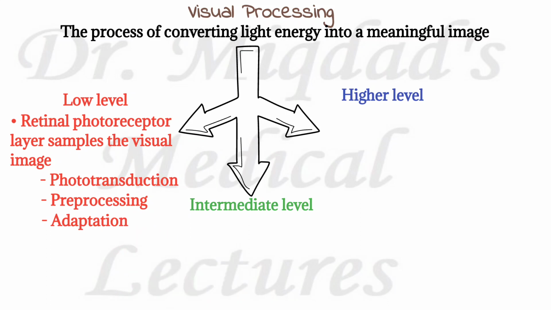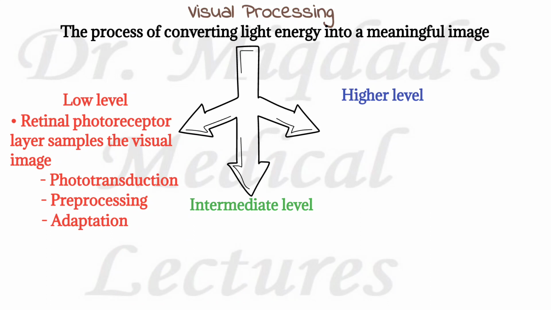Phototransduction is a process by which light is converted into electrical signals in the rod cells, cone cells, and photosensitive ganglion cells of the retina. We will discuss this process in detail in the next video.